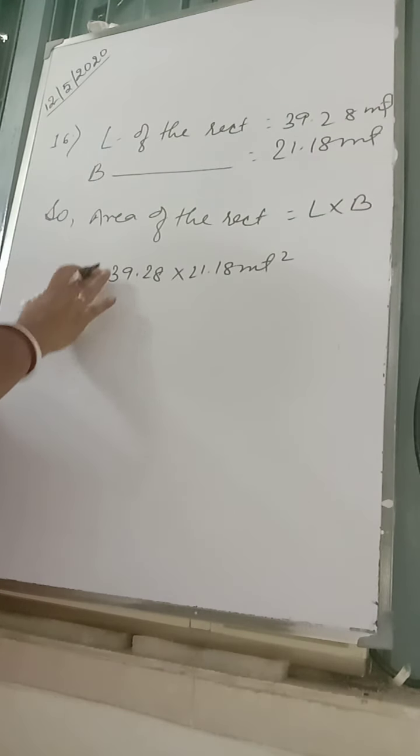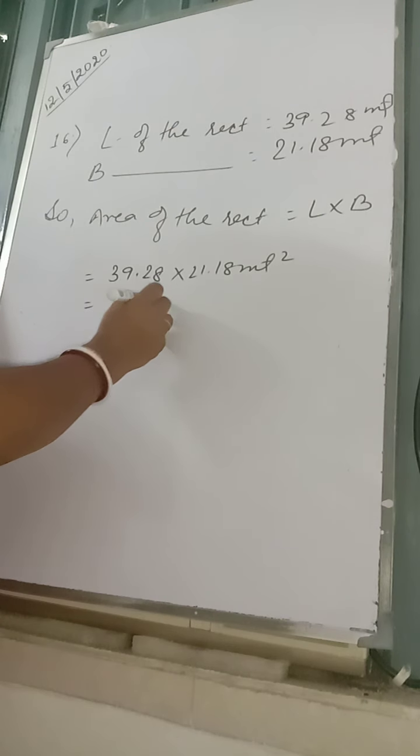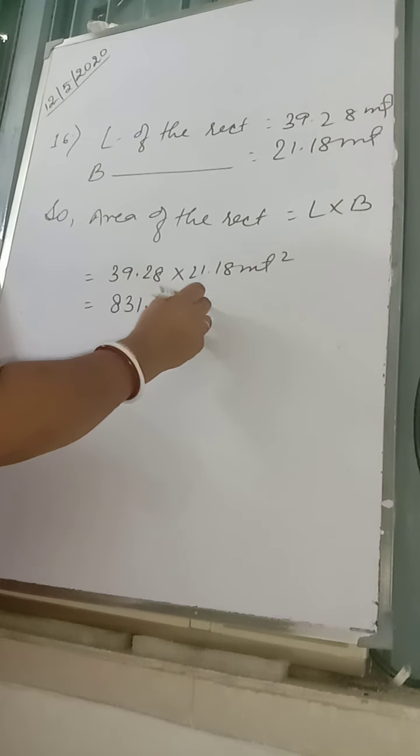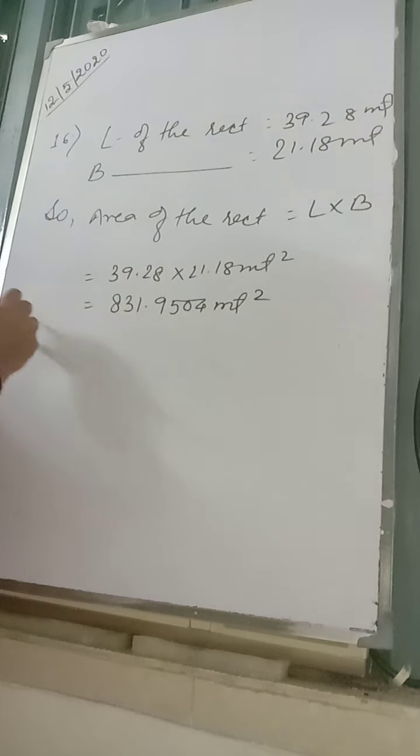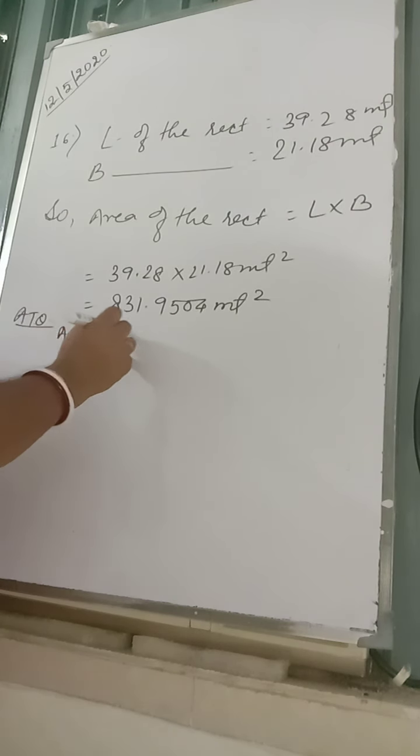I have already multiplied it. Once you multiply, you'll get 831.9504 meters square. According to the question, area of square is equal to area of rectangle, which is equal to 831.9504 meters square. Done.